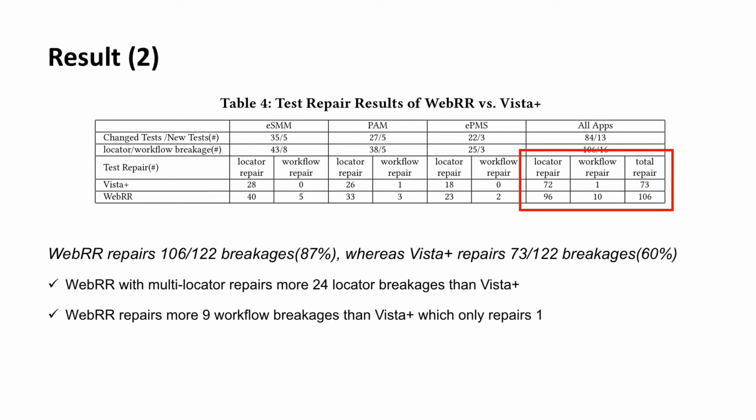To answer question 2, this table presents the effectiveness results when WebRR was applied to repair test breakages caused by the version updates of the application. It can be seen that among 122 test breakages, WebRR repairs 106 breakages successfully, whereas Vista Plus only repairs 73.